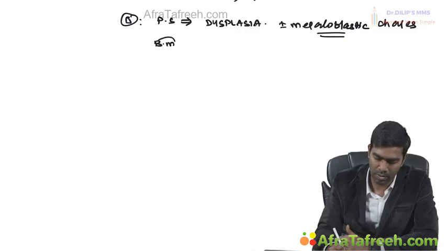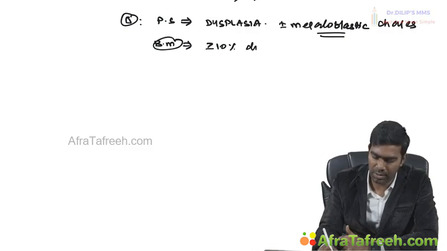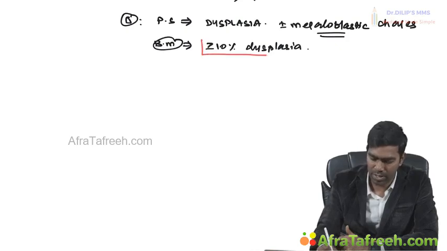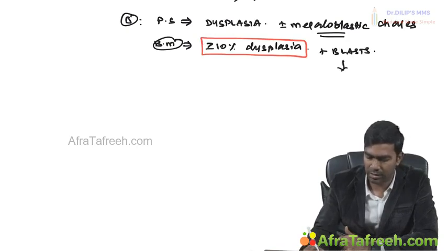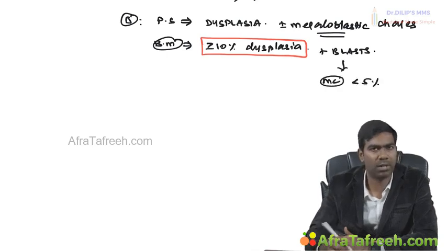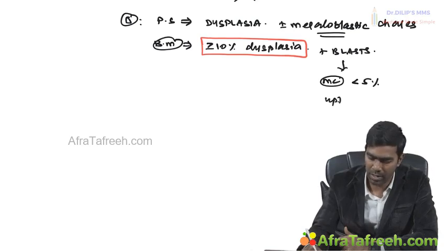Then in the bone marrow, typically you will see more than or equal to 10% dysplasia. This is a very important number for diagnosis also. You will see a minimum of 10% dysplasia, plus you will see blasts. Most commonly it will be less than 5% blasts, but up to 19% is possible.